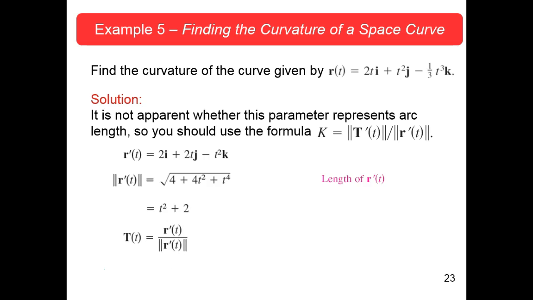Now, your unit tangent vector is going to be that first derivative of your R, which you have up here, divided by the magnitude, which you have down here. And that's just going to be 2i plus 2tj minus t squared k over t squared plus 2.